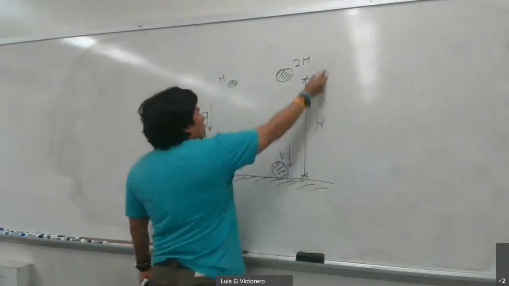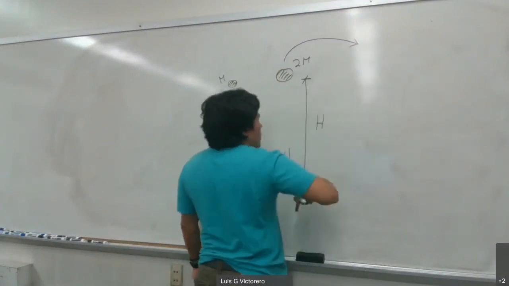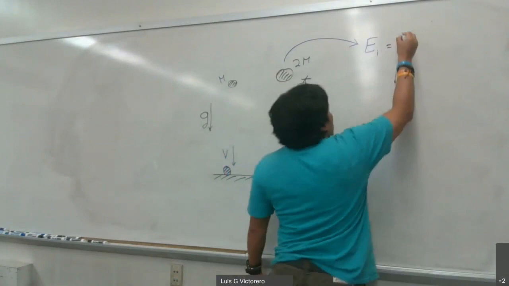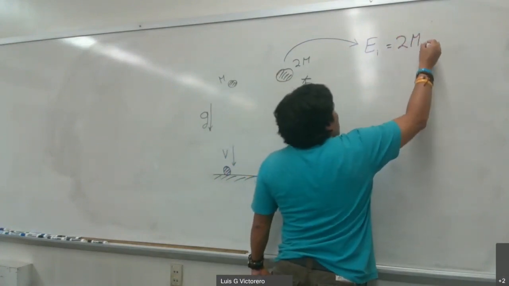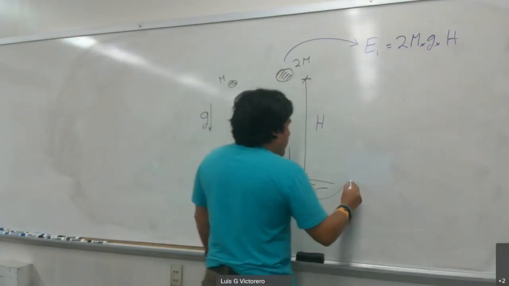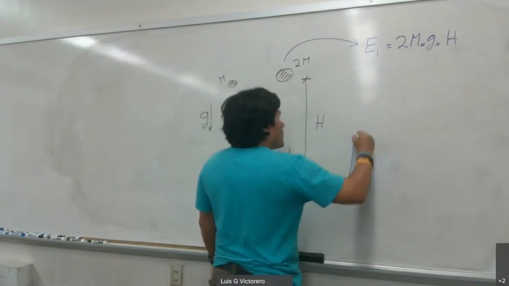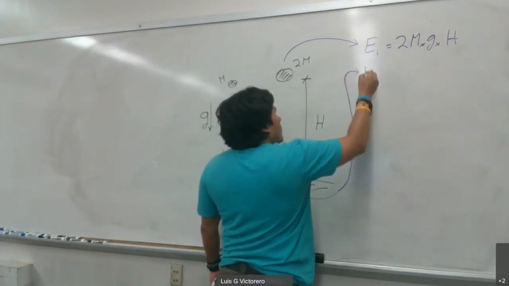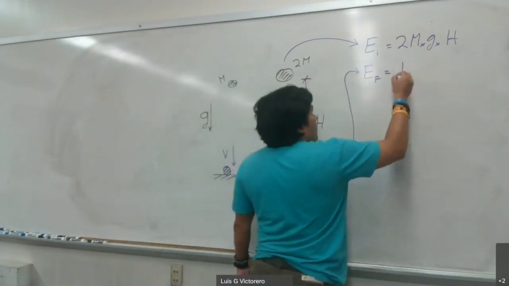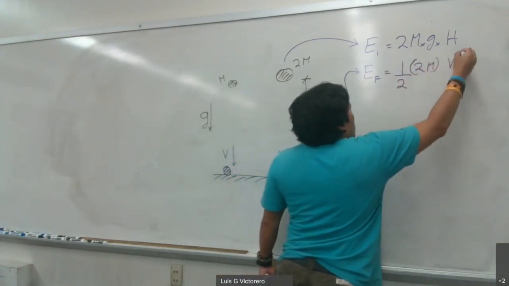Because if I do it here, for example, the energy here with respect to the ground, the energy initial will be 2m g h. The energy final will be 1/2 of 2m v squared.